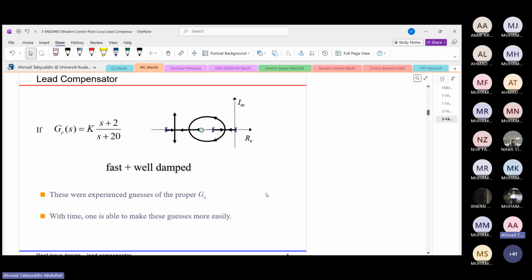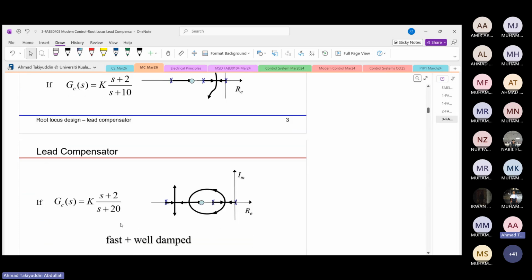So with another value of compensator, instead of (s + 2)/(s + 10) before, we have (s + 2)/(s + 20). So it will be the condition where we have the system with further improvement. We can have it as the system known as a fast response system and well-damped system.